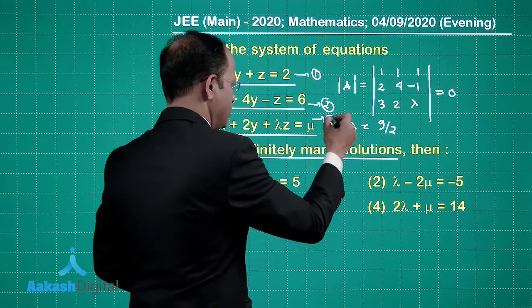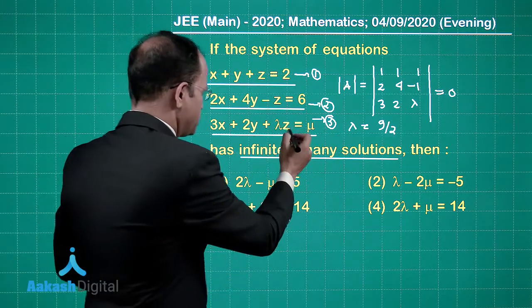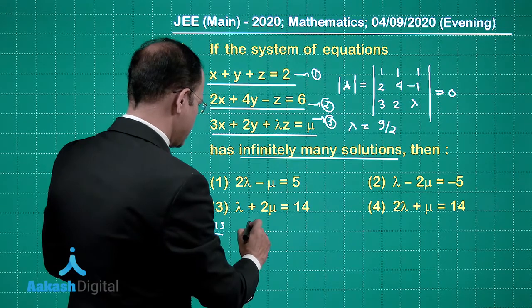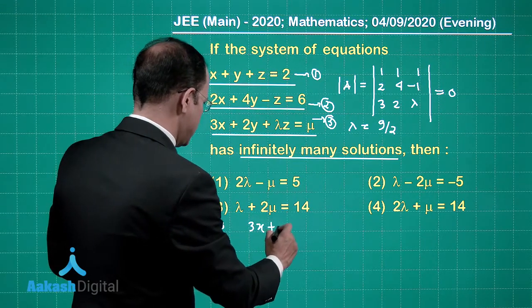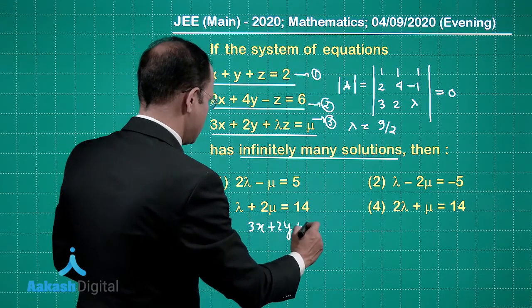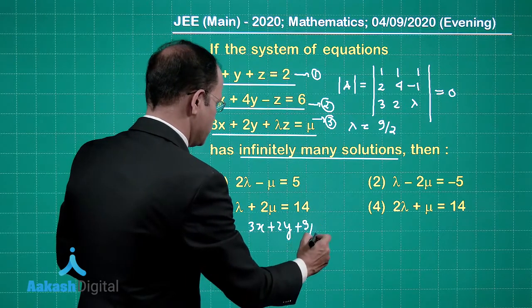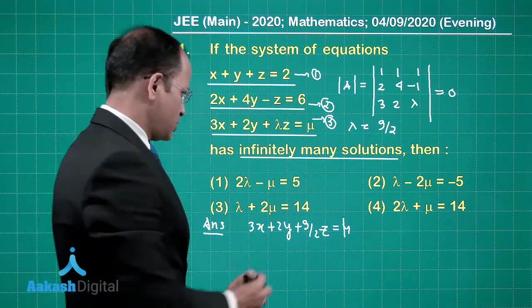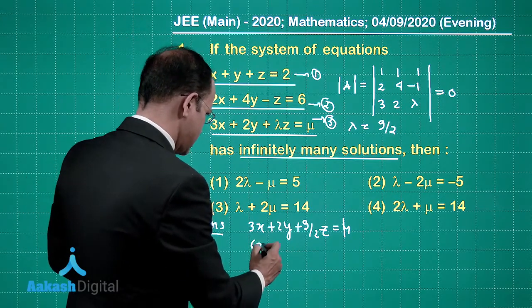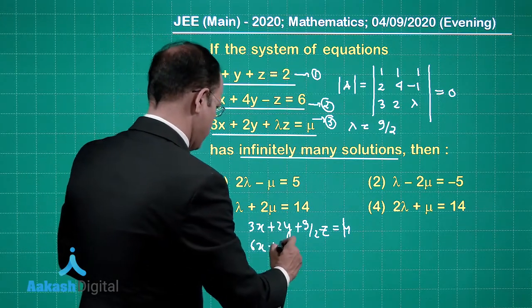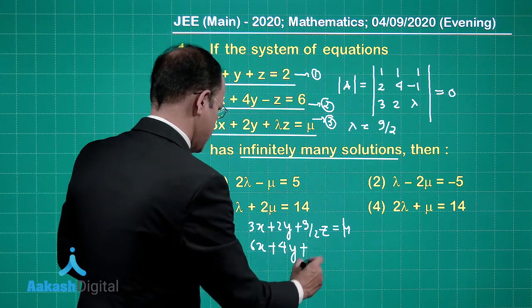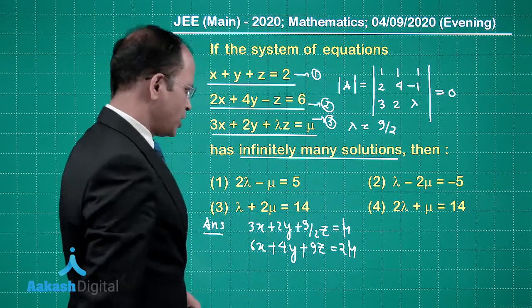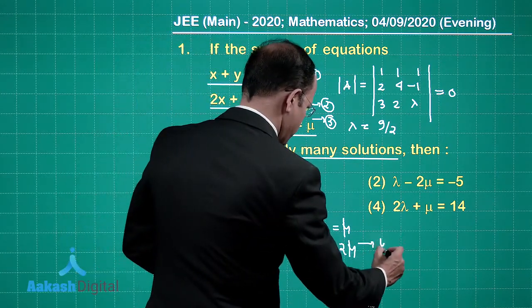If I substitute lambda in the third equation, 3x plus 2y plus lambda, that is 9 by 2, z is equal to mu, we can just write it as 6x plus 4y plus 9z, which is equal to twice mu. Now let me take this as equation number 4.